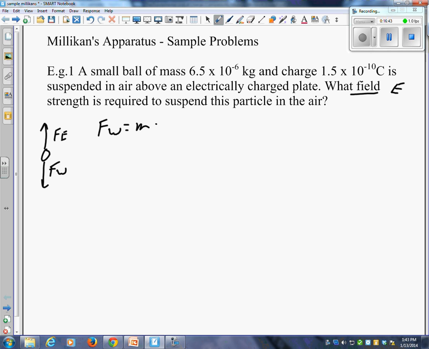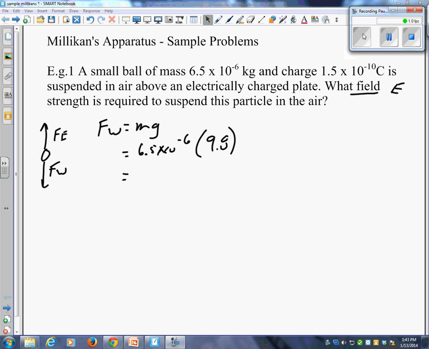So 6.5 times 10 to the minus 6 times 9.8. Okay, so I get a value of 6.37 times 10 to the minus 5. That is newtons, right? That's how much force is going down.